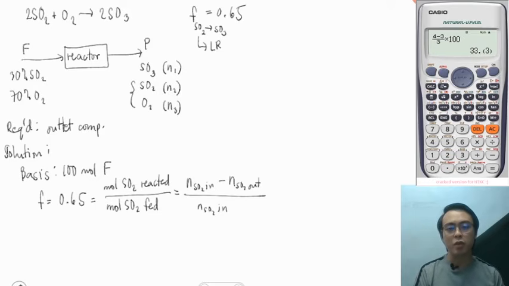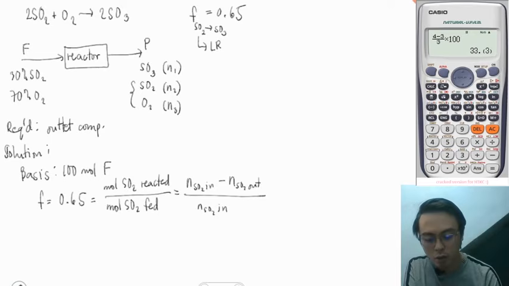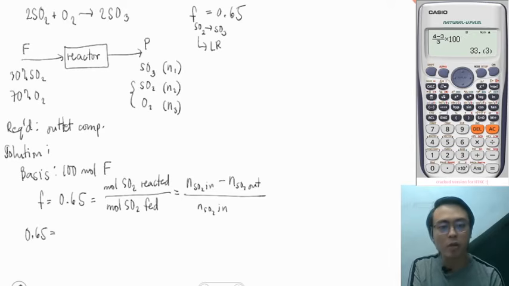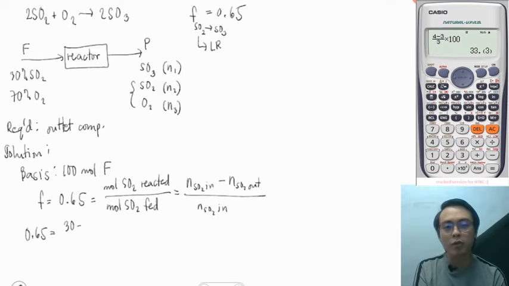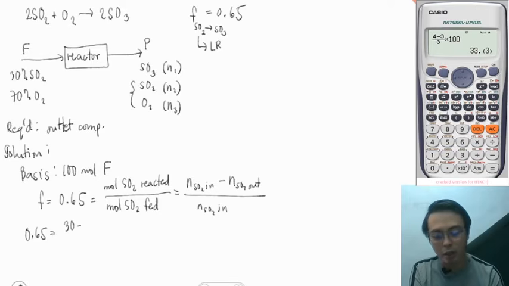With that definition of the fractional conversion, let's see if we can get something. So substituting, we have 0.65 is equal to SO2 in, which is 30% of the 100 moles, that's 30, minus out. The number of moles of SO2 going out is N2, divided by 30.